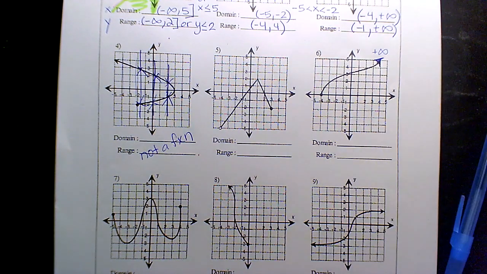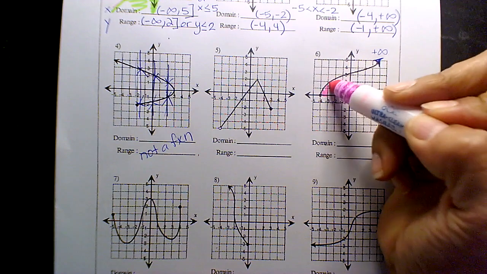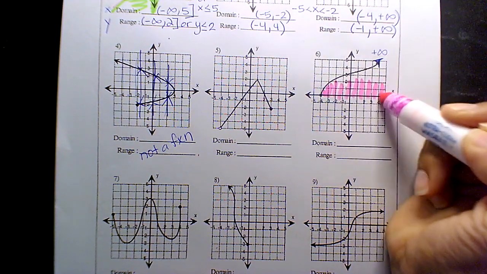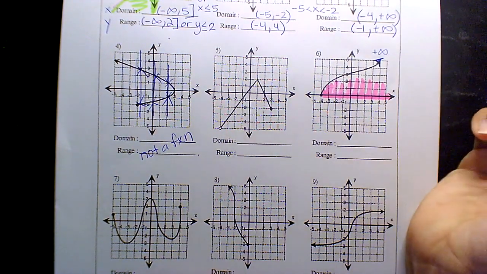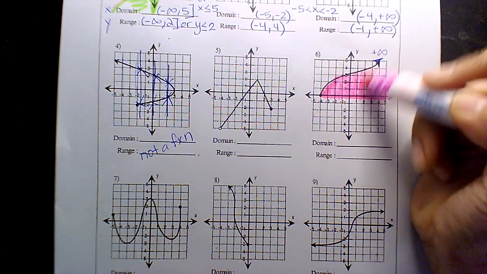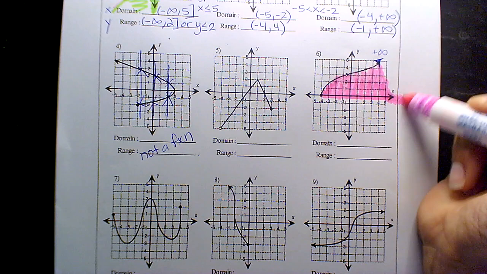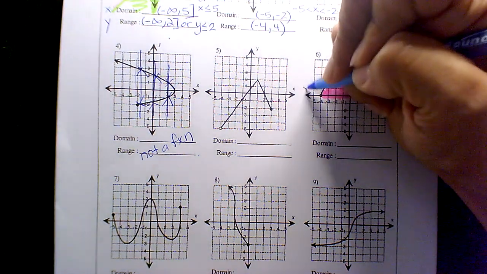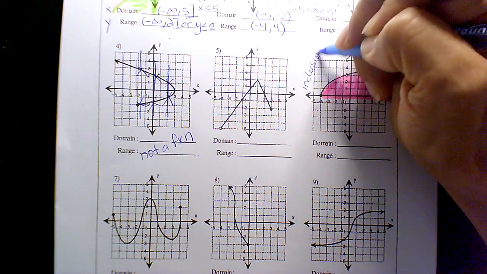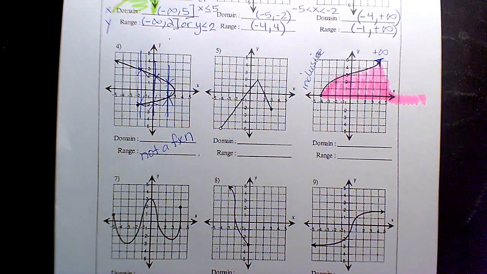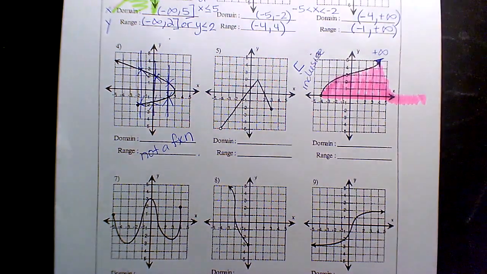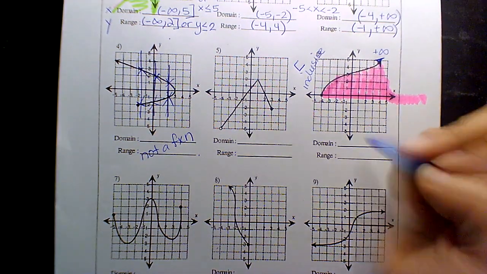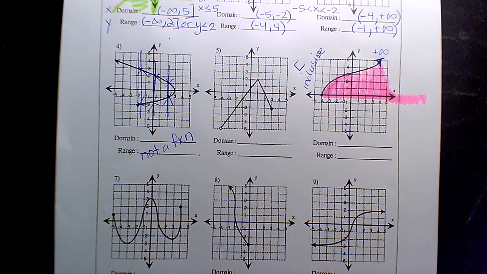Okay, domain is x. So if I take domain and I come back, it's all through here, right? It's all through here, and it's infinity, so it keeps going and going, right? Okay, but this is an inclusive closed dot, so that's a bracket, right? So what's going to be my domain? What do I write in interval notation?